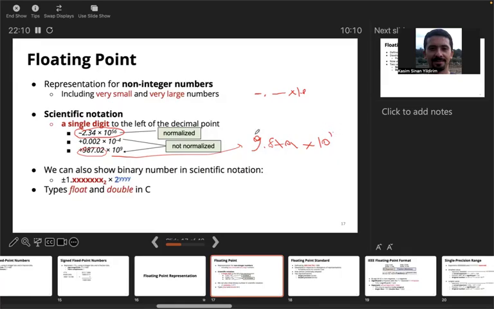So I can put all the numbers in this normalized form. Then I will show you how to encode it.